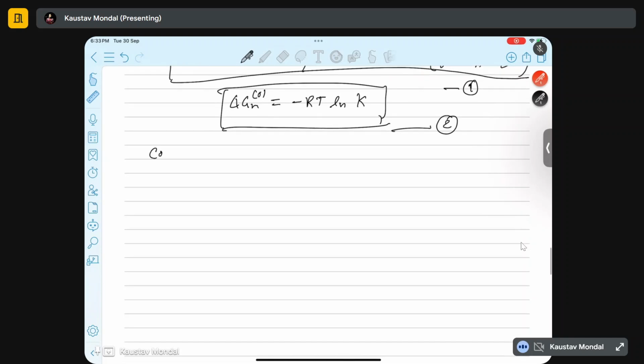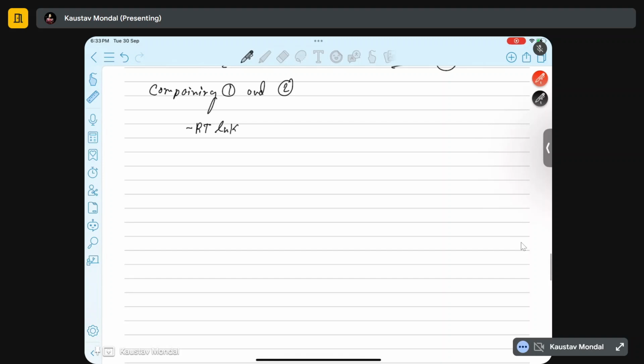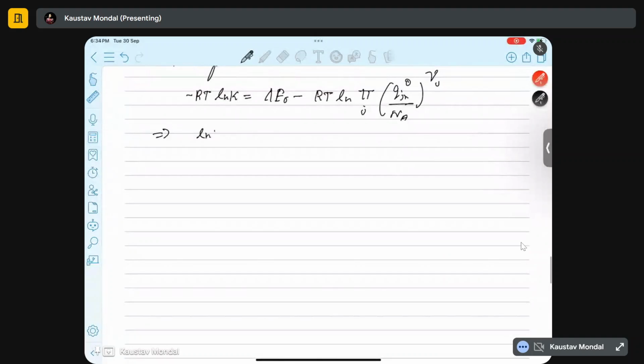Comparing 1 and 2, we get minus RT ln K equal to delta E0 minus RT ln of the product over J of (Q_J N0 by NA) to the power mu J. So ln K equal to minus delta E0 by RT plus ln of the product over J of (Q_J N0 by NA) to the power mu J.